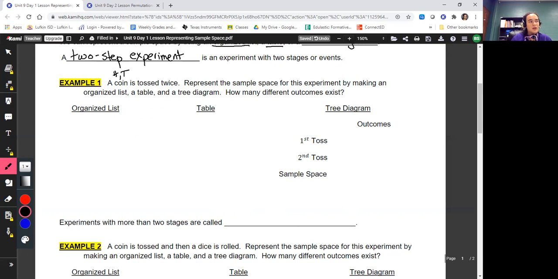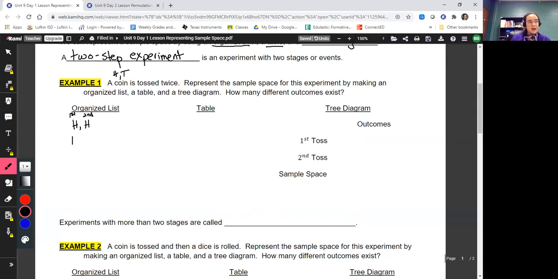So when we use an organized list, I recommend starting with one of your possible options and doing all possible options that start with that outcome. So heads, and then we could have heads again on the second toss. This is the first toss, this is the second toss.